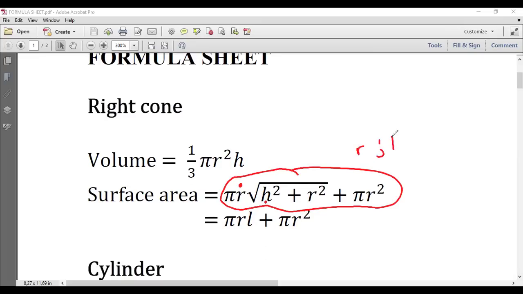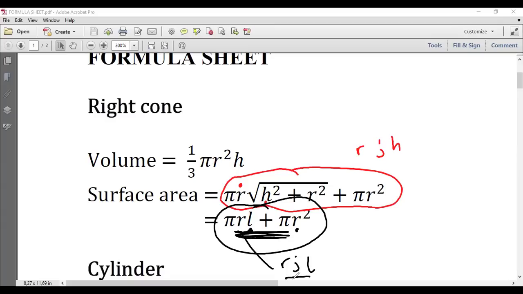The second formula is written in terms of the radius and the slant height. Only these two, radius and the slant height. There it's radius and the perpendicular height.